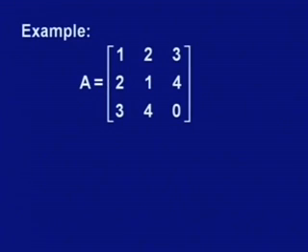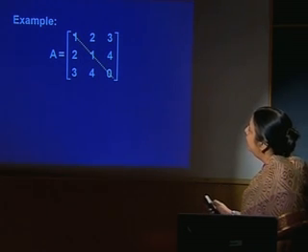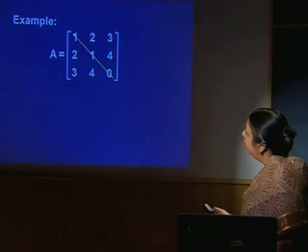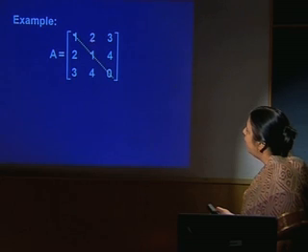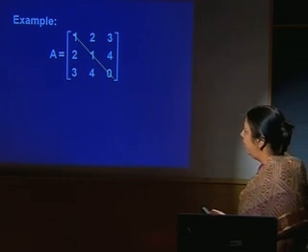This is an example, a 3 by 3 matrix. This matrix is a symmetric matrix. One can see that these are the diagonal elements and the upper side is the mirror image of the lower side. Here we have 2, here also we have 2. This 3 is the same as this element. So, this matrix happens to be a symmetric matrix.